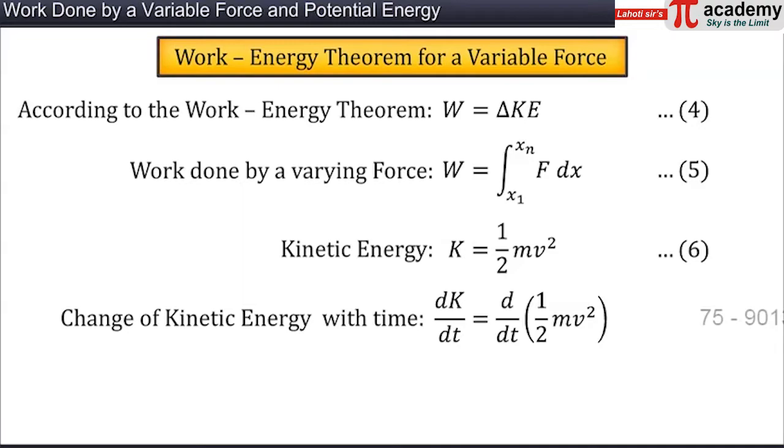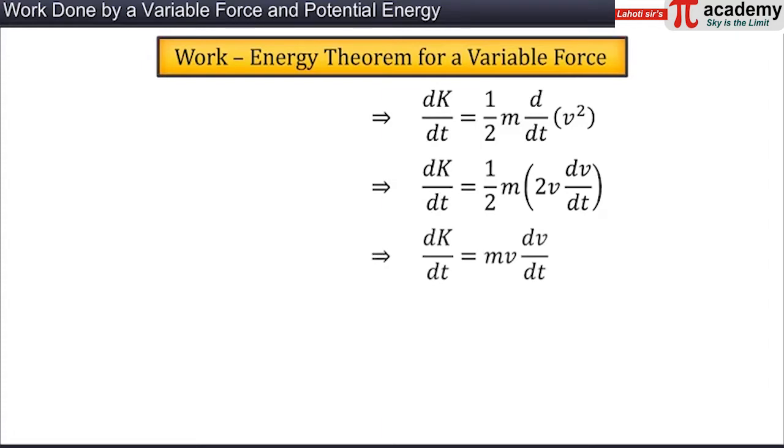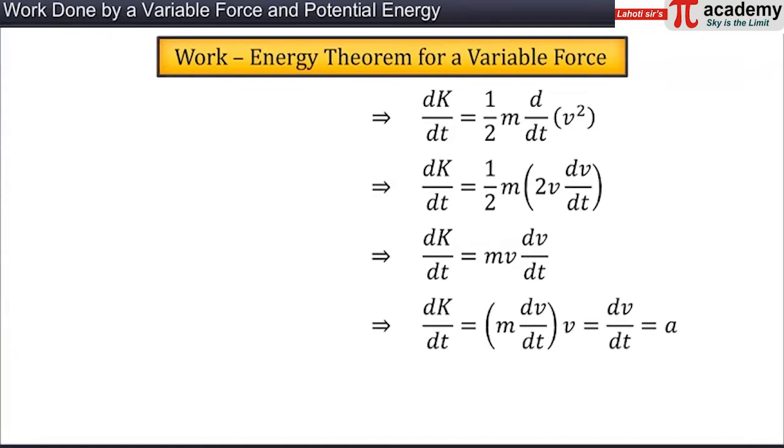Thus, on simplification, we get dK/dt = half m d/dt of v square. On further simplifying, we get dK/dt = half m into 2v dv/dt. Thus, dK/dt = m v dv/dt. This can also be written as dK/dt = m dv/dt into v.